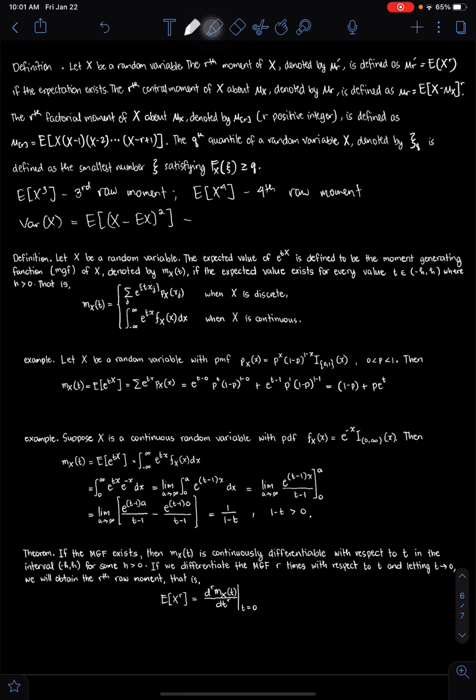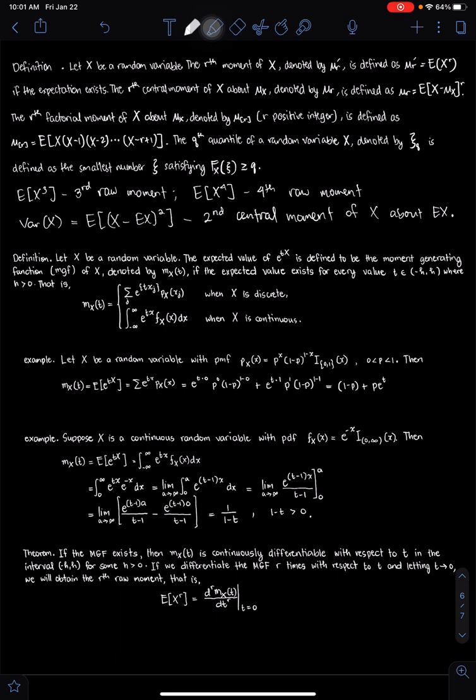So in other words, the variance of X is simply the second central moment of X about the mean E of X.